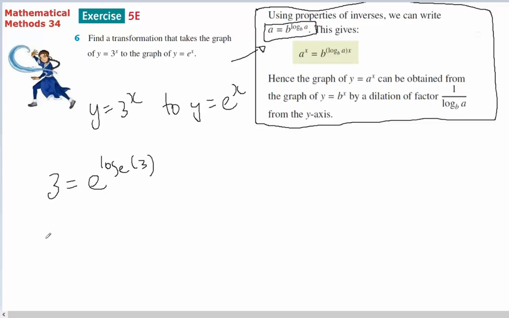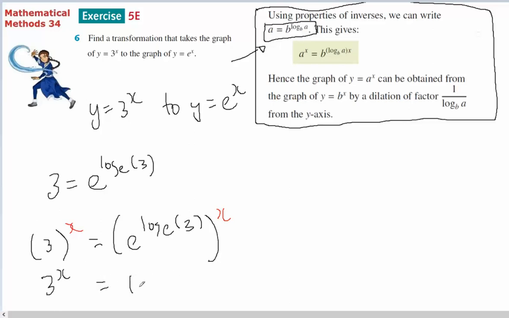Now, if I raise both sides to the power of x, then my equation is still correct and equal because I've done the same thing to both sides, which means 3 to the power of x equals e to the log base e of 3, all times x, because when you raise something to a power to another power, you multiply the indices.